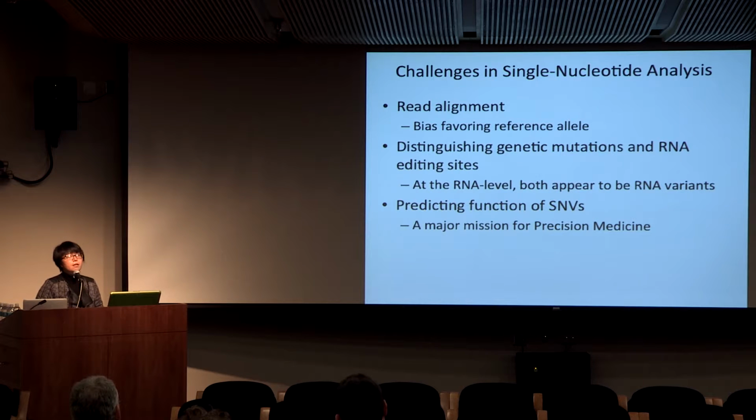The third and most significant challenge is to predict the functions of the single nucleotide variants, or SNVs. If we have a list of genetic variants or genetic mutations and RNA editing sites, do we know what they do? Can we bioinformatically predict their function biologically? This is obviously a major mission for precision medicine as well.